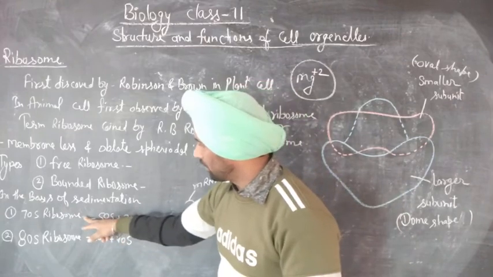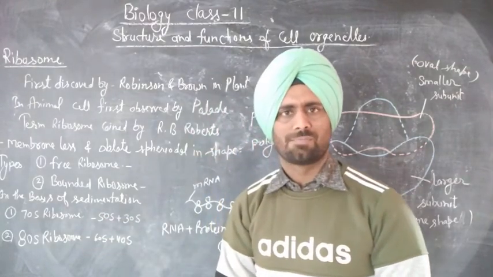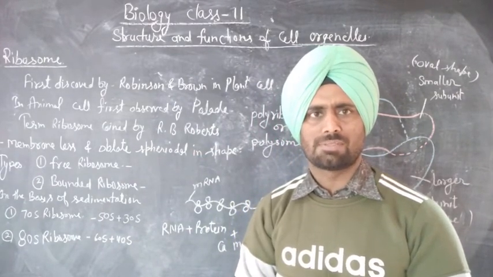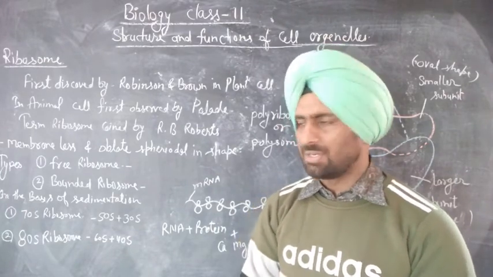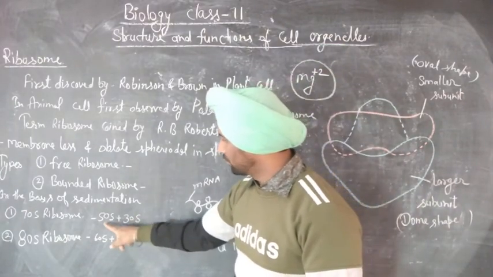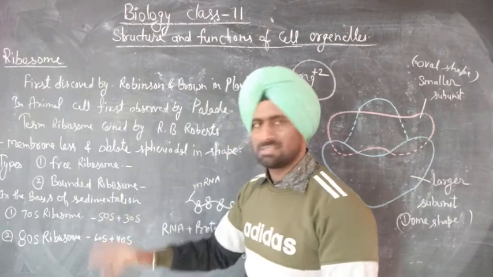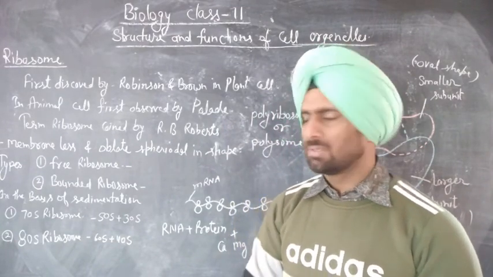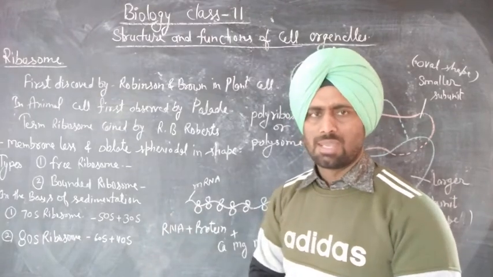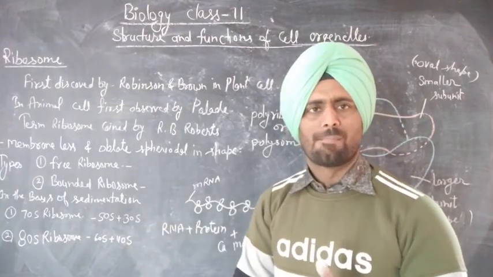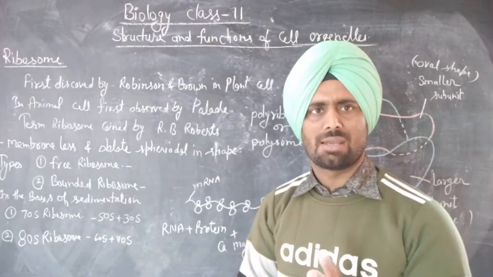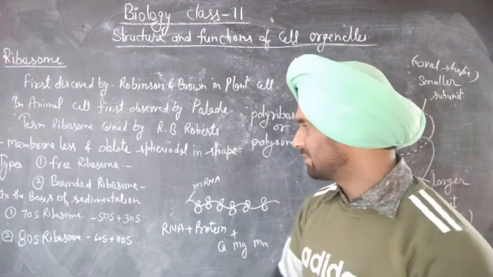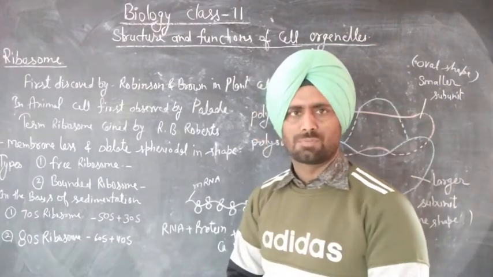First is 70S ribosome, second is 80S ribosome. 70S ribosomes are made up of two subunits, 50S and 30S. 70S ribosomes are found in prokaryotic cells, mitochondria and chloroplast.